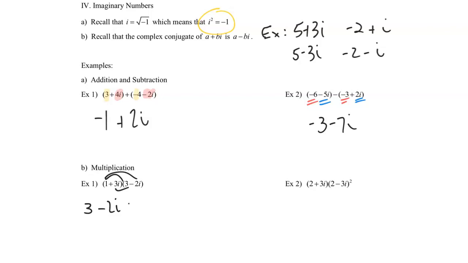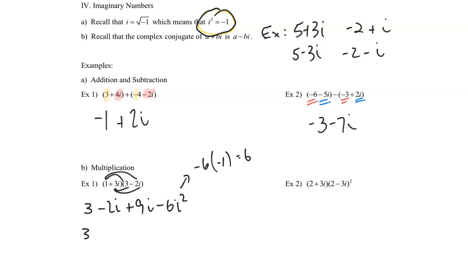So 3i times 3 would be positive 9i, and then 3i times -2i will be -6i squared. Now, remember back up here that i squared was -1, and so that means that this term right here actually becomes -6 times -1, which ends up becoming a positive 6.